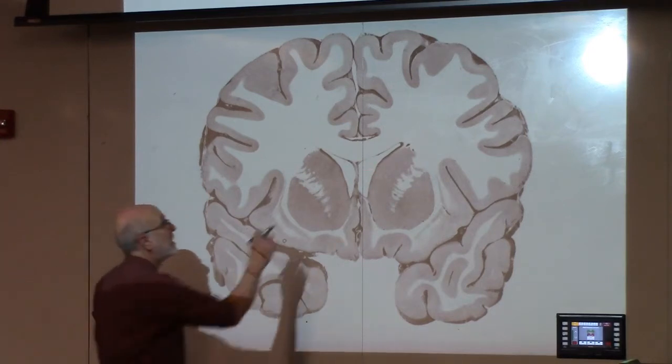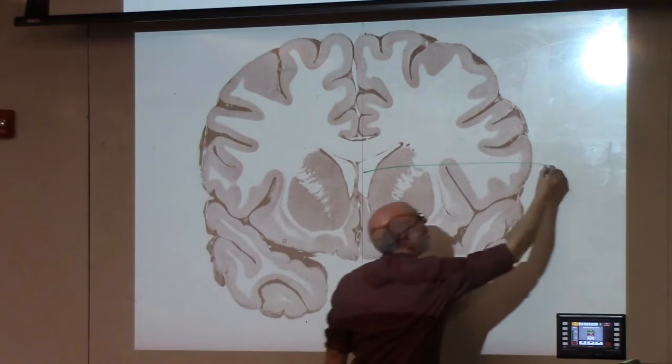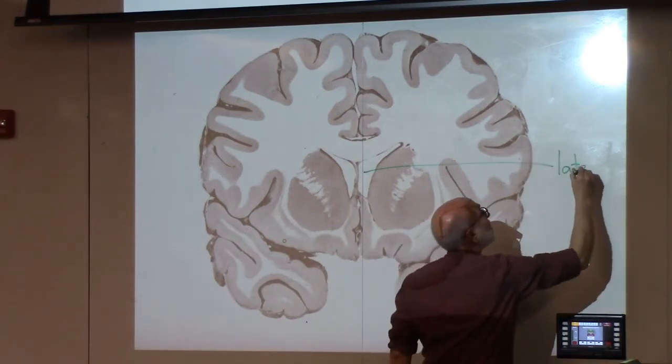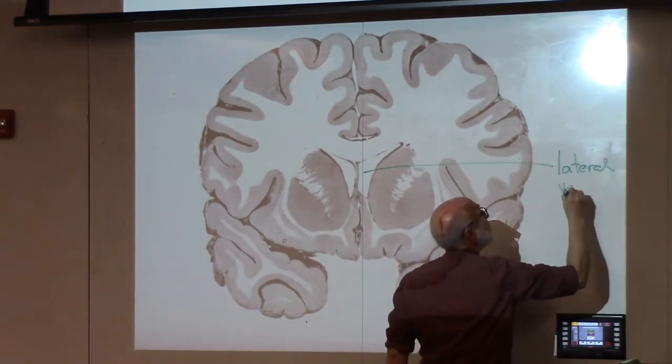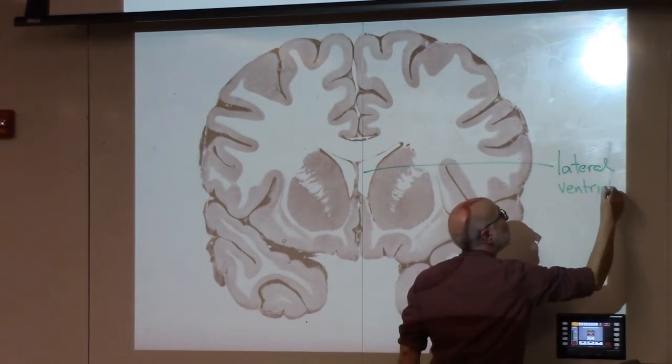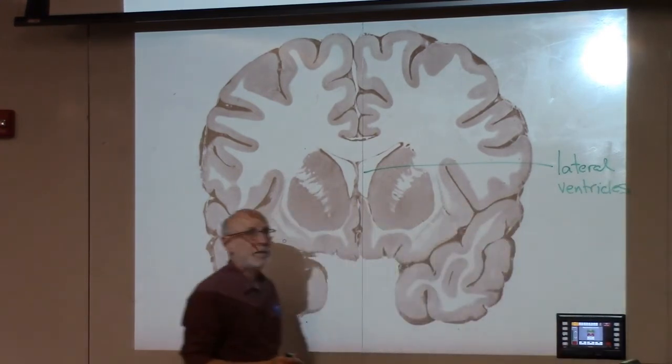These two butterfly-shaped things are the lateral ventricles, filled with cerebrospinal fluid.